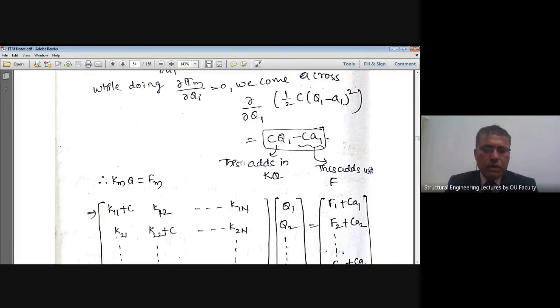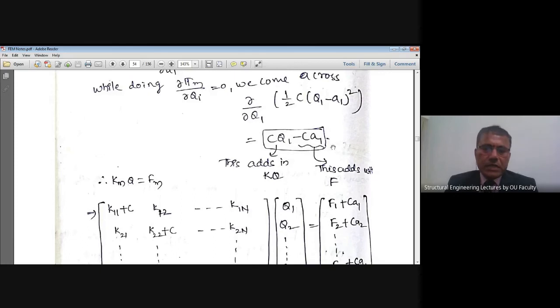C multiplied by q1 will be added to the left hand side KQ, whereas C multiplied by a1, a1 is already specified, so many mm, so many inches, so many feet, so many meters, right? This is already specified, multiplied by this constant stiffness in the form of a penalty. It is already constant.